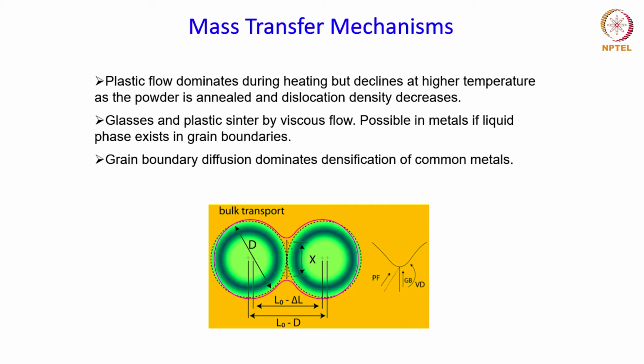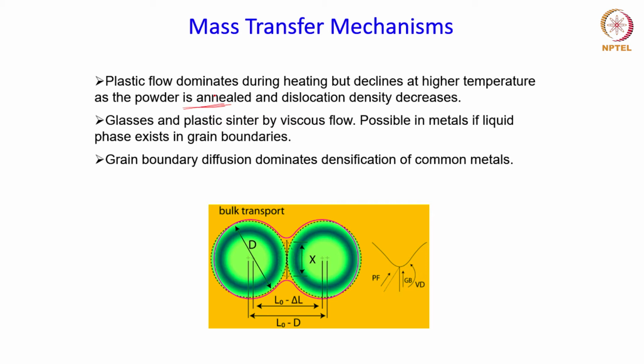Now when you increase the temperature, these dislocations will be annihilated as the powder is annealed at high temperature. When the temperature is high enough, the dislocations will be annihilated, and as a result the dislocation density will decrease, right?